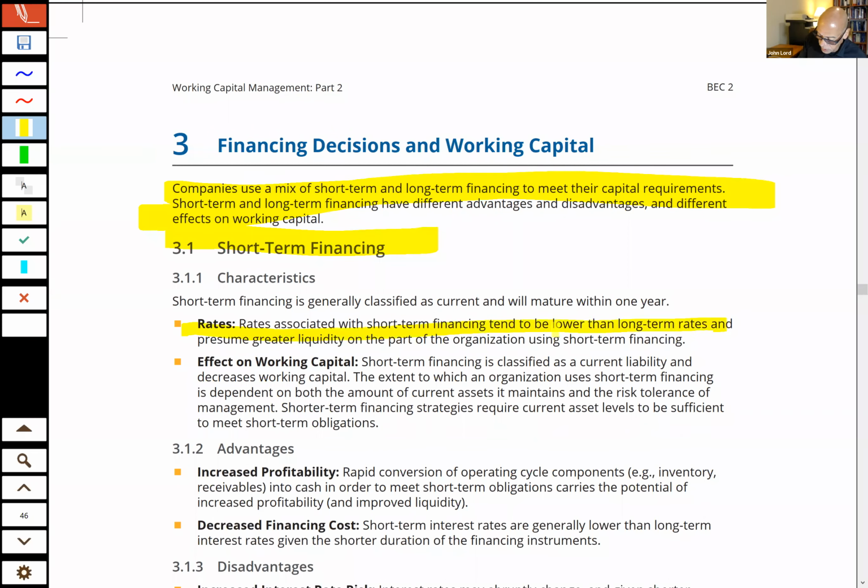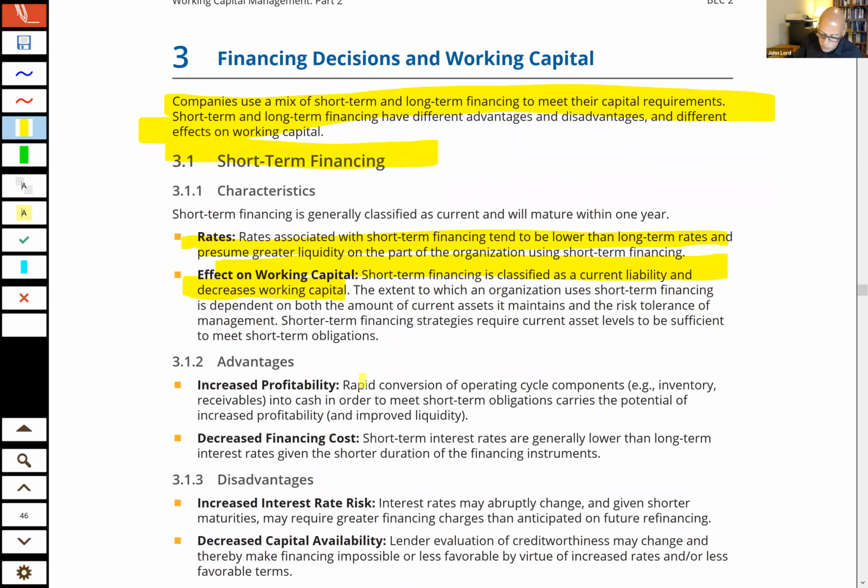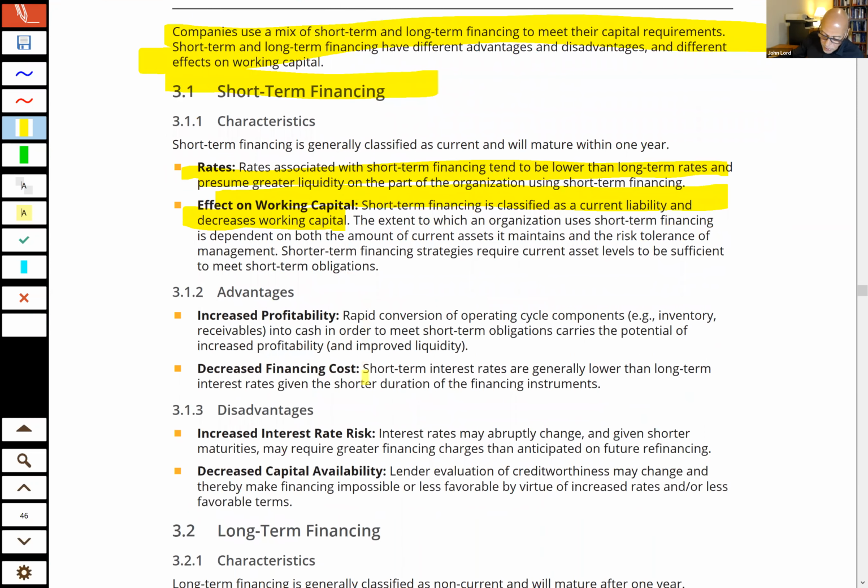Rates tend to be lower because there's less risk that interest rates are going to fluctuate against the lender. So interest rates tend to be lower. The effect on working capital: short-term financing is defined as a current liability, so it's going to decrease our working capital.